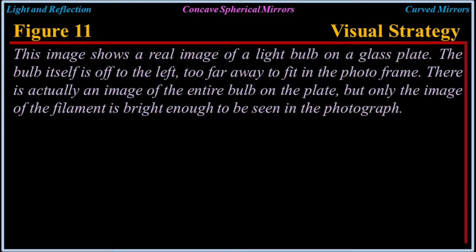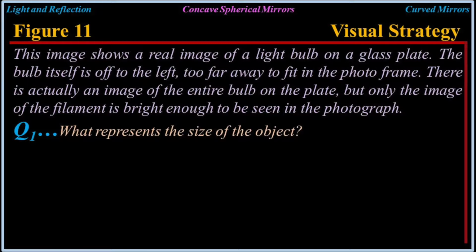This image shows a real image of a light bulb on a glass plate. The bulb itself is off to the left, too far away to fit on the photo frame. There is actually an image of the entire bulb on the plate, but only the image of the filament is bright enough to be seen in the photograph.